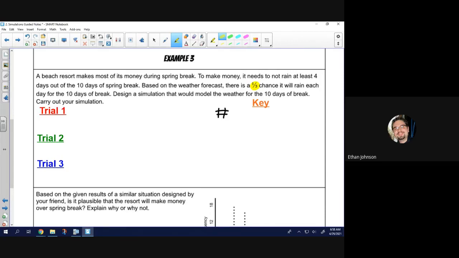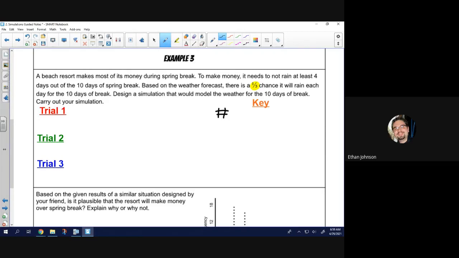That fraction, the 1/5, is actually super important. Because it's not just a 1/5, it's saying 1 out of 5. So actually, that 5 tells us the range of numbers that we are going to use.